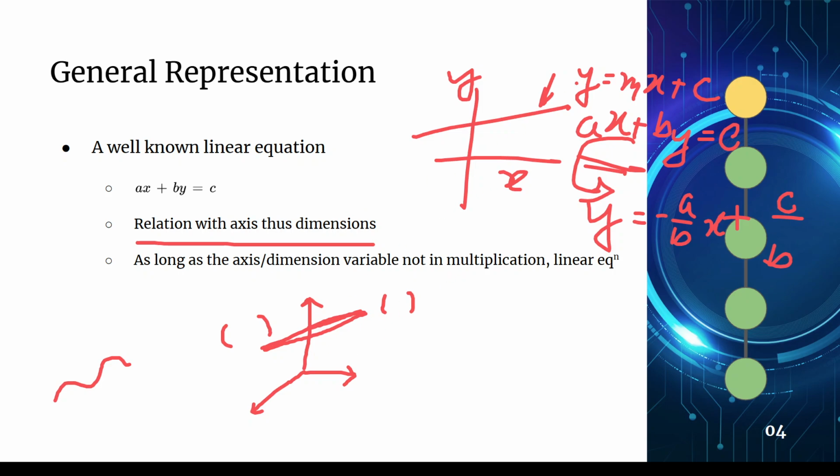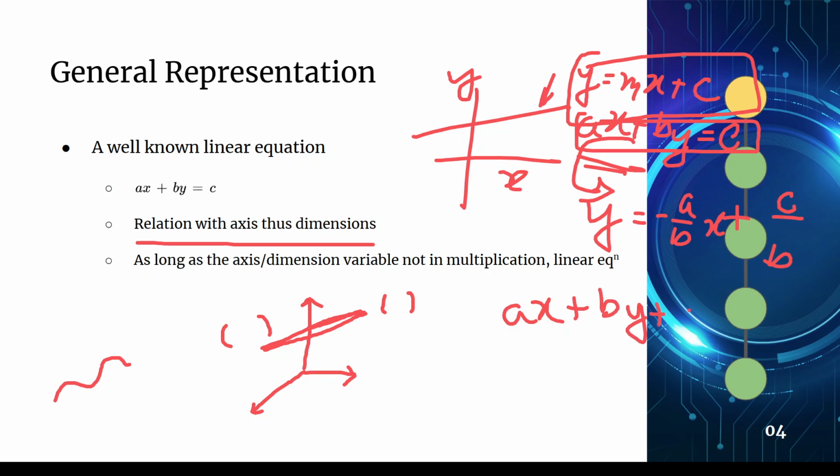So this equation was easily presented using ax plus by equals c. What about this one? For this type of representation, what we need is a more dimension based approach, that we can say something like ax plus by plus cz equals d.